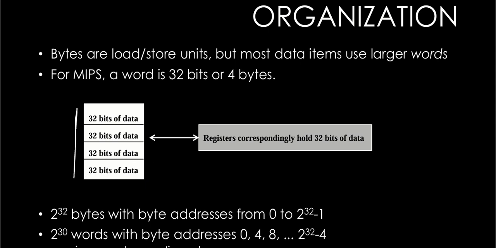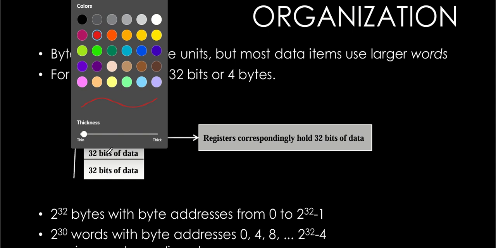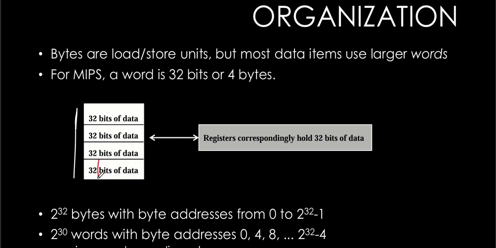So you can divide it into 4 sections: 1, 2, 3, and 4. That's 4 bytes. But each line is a word. That's what MIPS is saying.